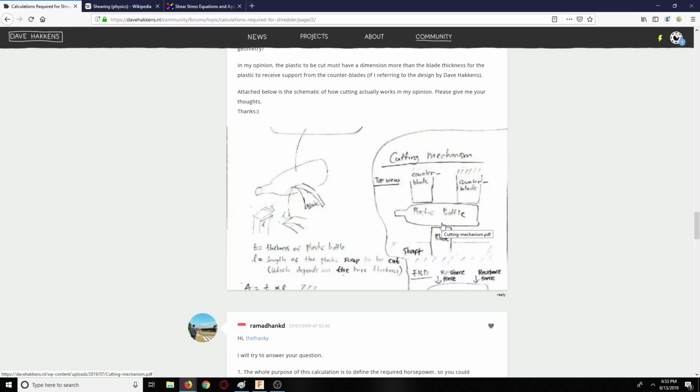But also something cannot change direction if it's already in motion. In this case, we're talking about something that is not in motion. When these two blades come up and meet this plastic bottle at the same period of time, the plastic bottle doesn't move. That must mean that these two are applying equal but opposite forces, because there's a force coming from this vector.